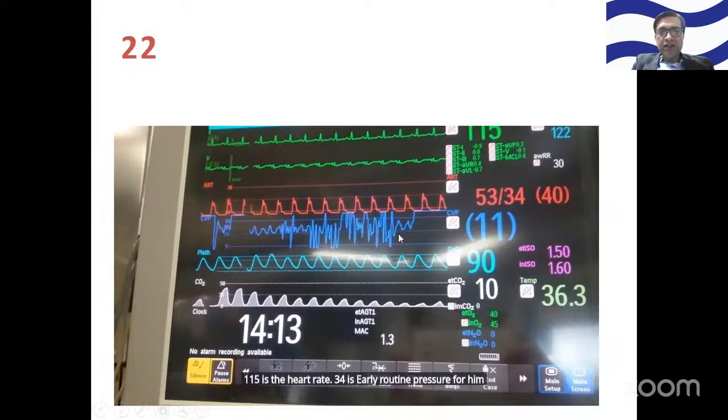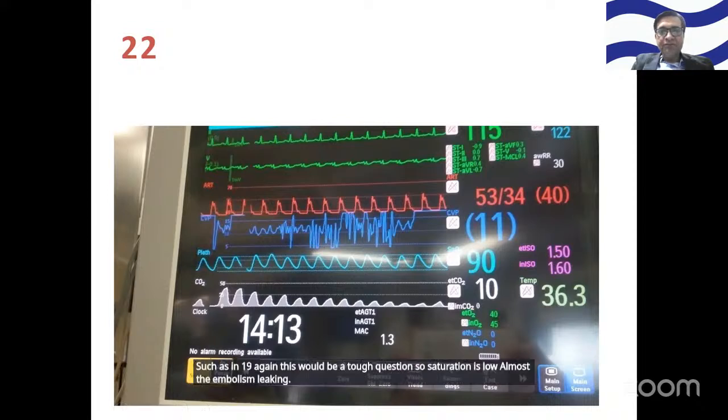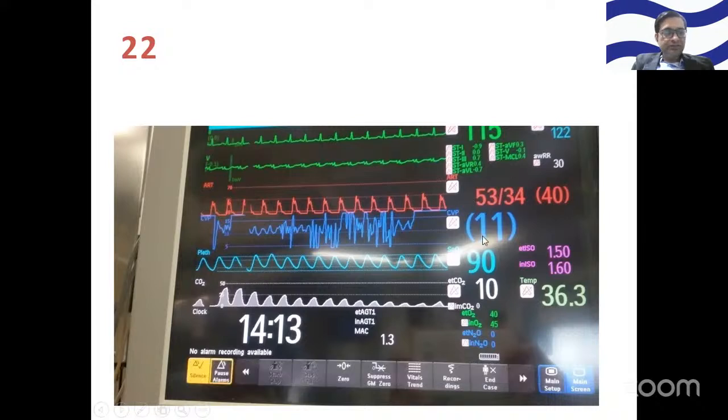CVP of roughly around 11. Saturation is low, again this would be a typical patient. Pulmonary embolism, leaking, pulmonary embolism. Hemodynamics look okay, normal for this patient. Hypotension, esophageal intubation.